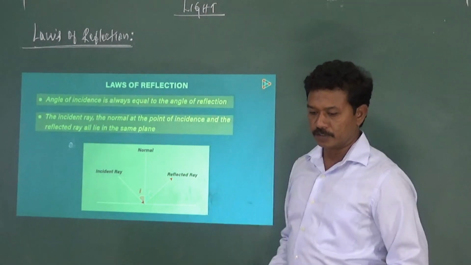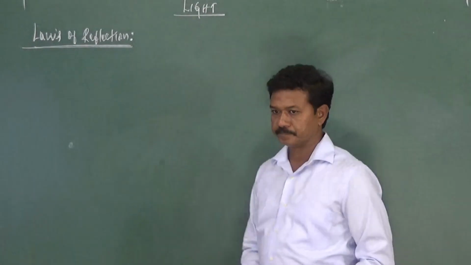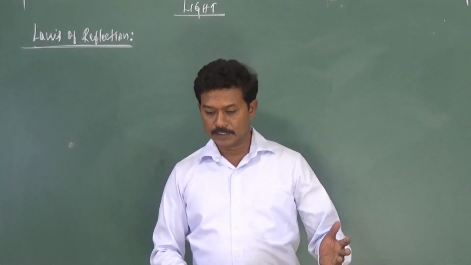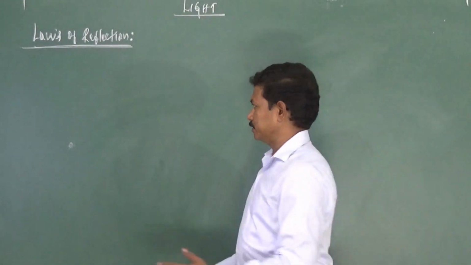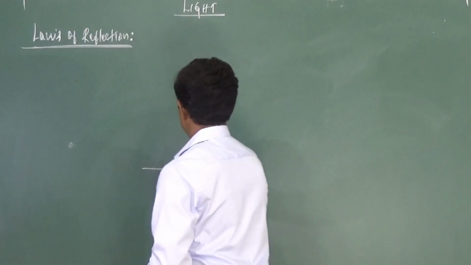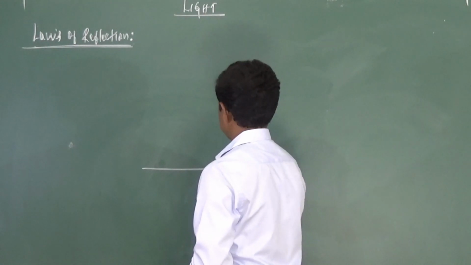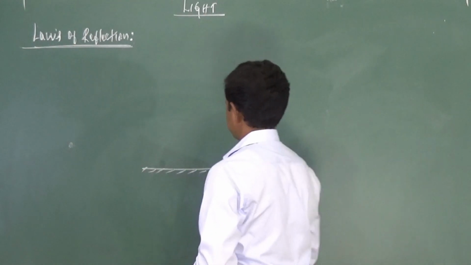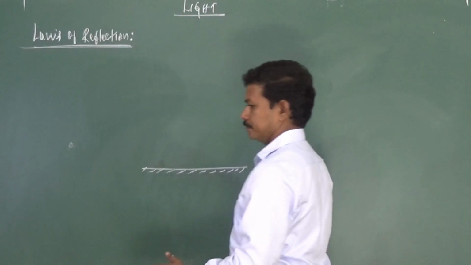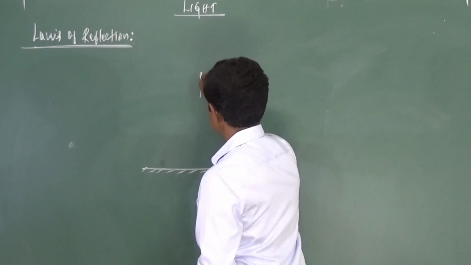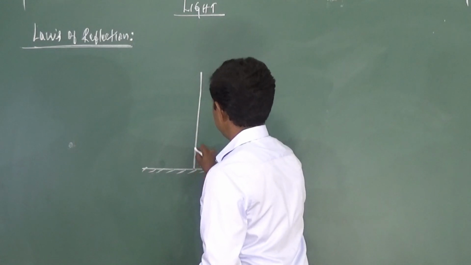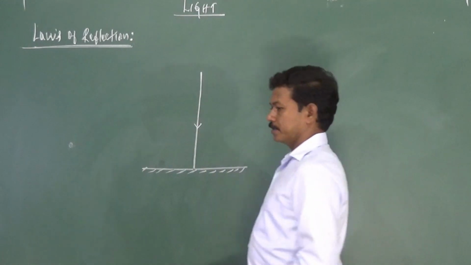Okay, so let us move on to the next concept. Next is very important. We have a plane mirror. Just imagine we have a plane mirror here. This is the silver surface and the other one is the reflecting surface. Let us imagine a light ray is incident normally on the mirror.